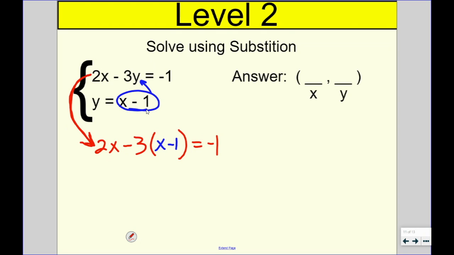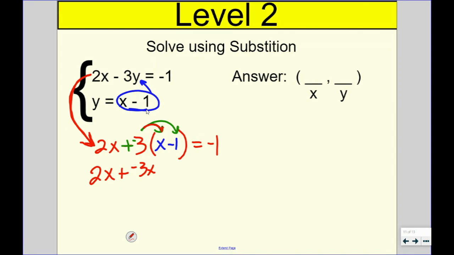And now we're going to do what we did in Unit 2, and we're going to solve for x. So we're going to simplify this and write 2x. We have here our subtraction. That is the same as adding the negative, and we're going to distribute that through these parentheses. So here we have our 2x, plus negative 3 times x is negative 3x.